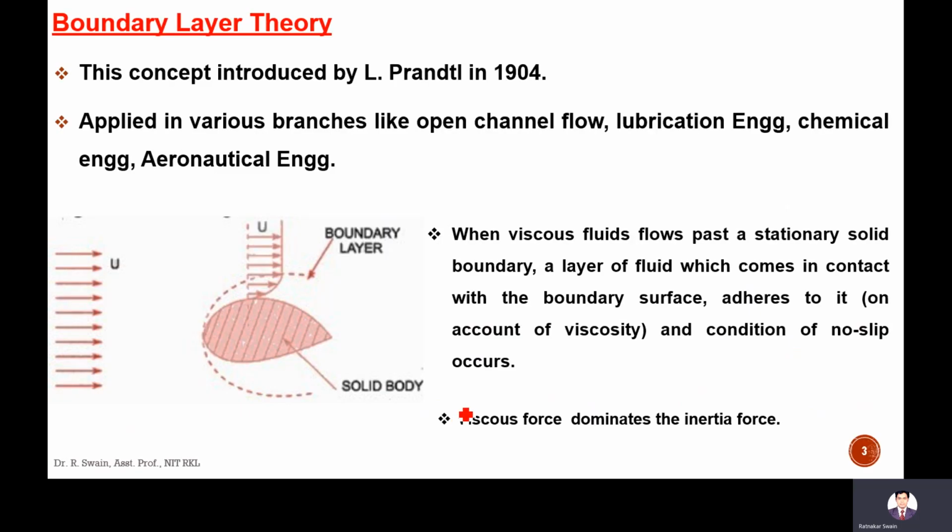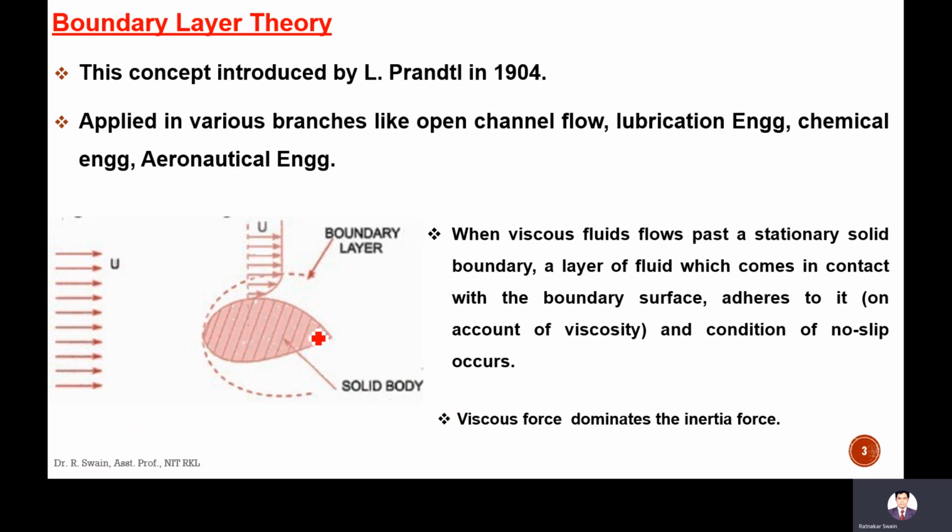But in this boundary layer theory, what is this boundary layer? Simply speaking, it is the layer of fluid when the fluid passes through the boundary of any solid body.